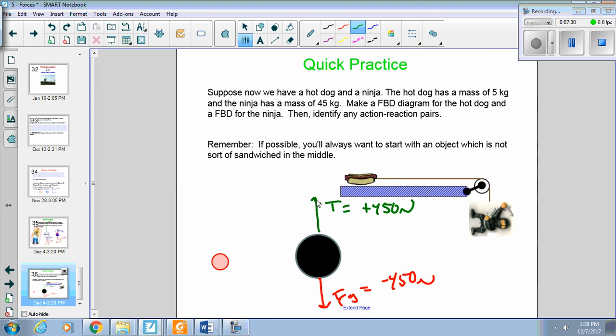In this other direction, our hot dog, what we have is the force of gravity going down on the hot dog, and that one should be 5 kilograms times negative 10, so that should be the force of gravity on the hot dog of negative 50 newtons, so much smaller than negative 450.